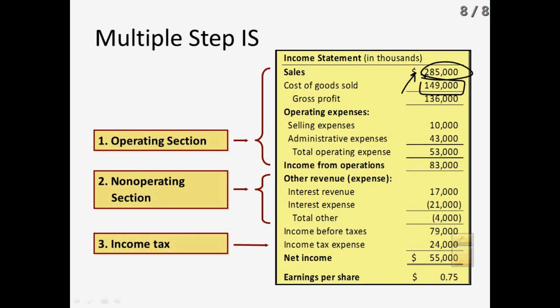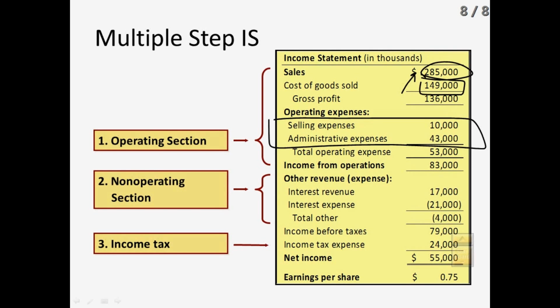Now, could I work really hard to reduce the cost of my product? Sure. Okay, but generally speaking, unless there's some active effort to do so, those things are going to go together. On the other hand, selling and administrative may be more stable and unrelated to fluctuations in sales for a given year. Or they may scale up, but they may not scale up at the same rate, okay, or down.